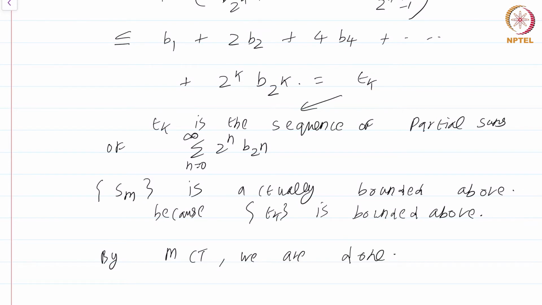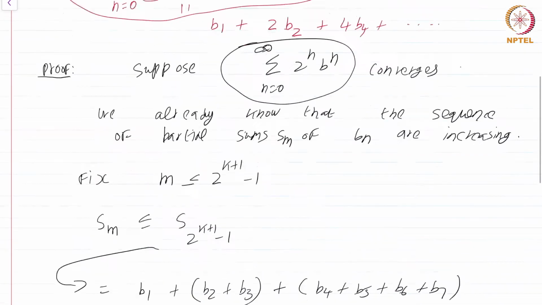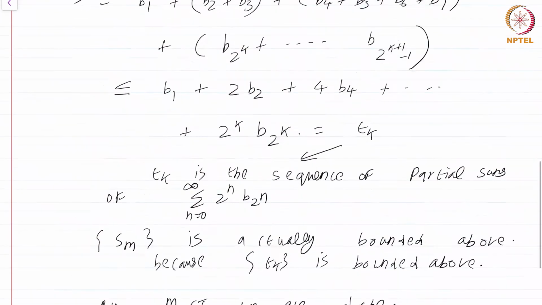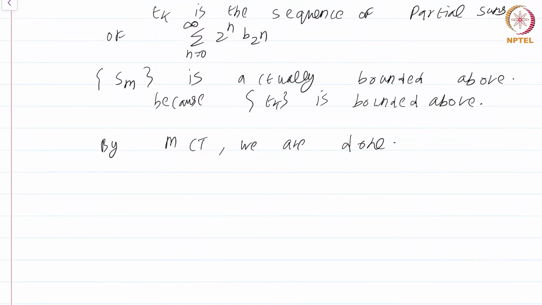Now if you carefully look at the statement, it says if and only if. We have assumed that this converges, and we have now shown that summation n equals 1 to infinity bn converges. The other side is very similar to showing that summation 1 by n is divergent, so I am going to leave it to you.